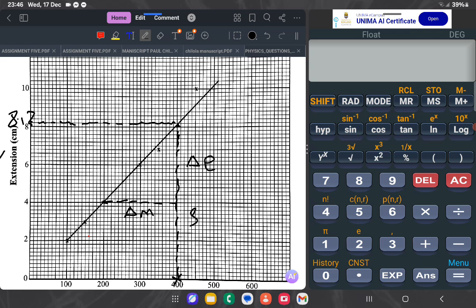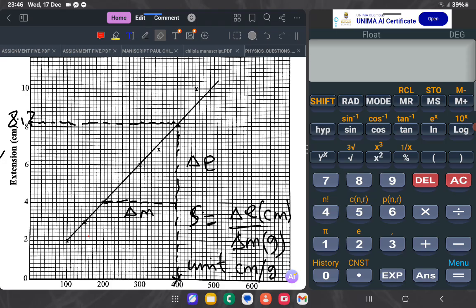So slope is going to be the change in extension divided by the change in mass. Extension is in centimeters, while mass is in grams. Therefore, the unit of the slope is going to be centimeters per gram.